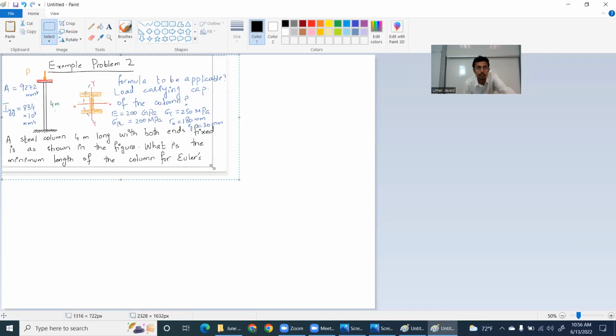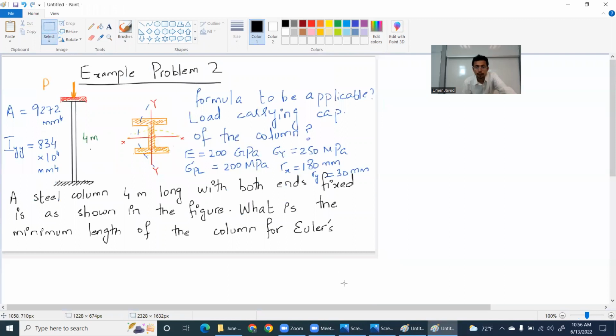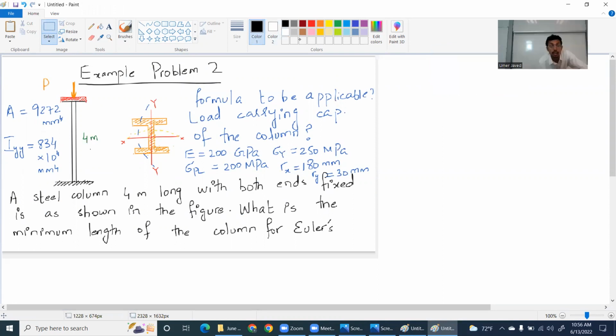The question says, okay, let's do this problem. I am trying to answer Mirj's question. Mirj last time said, what is the answer to this question? And I stopped in the middle of the problem and started a new problem. So I have to answer his question. So let's do this question.